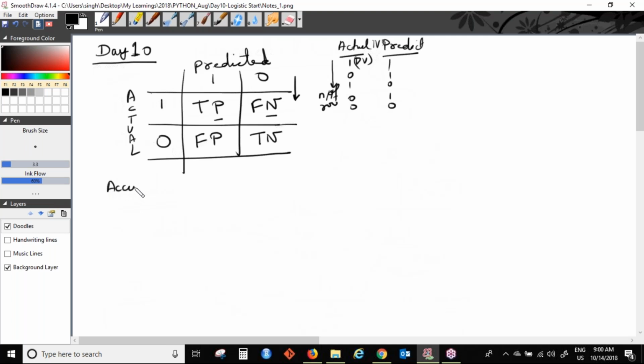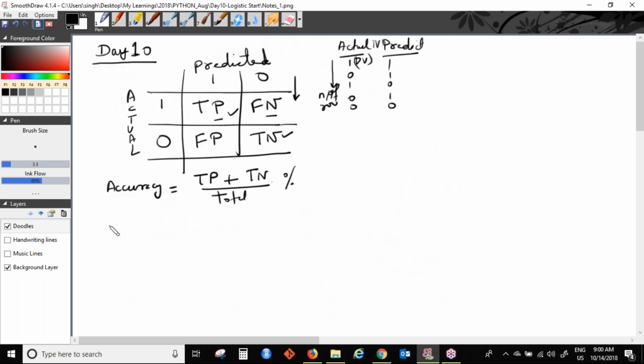We have one parameter called accuracy. Accuracy just measures these two: the true positive, how many were actually a 1 and you predicted a 1, and similarly how many were actually a 0 and you predicted a 0. This divided by total, because you want it as a percentage, into 100.